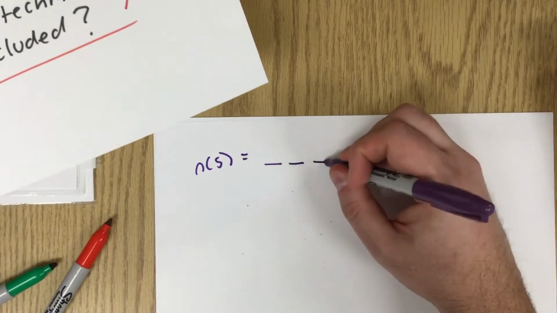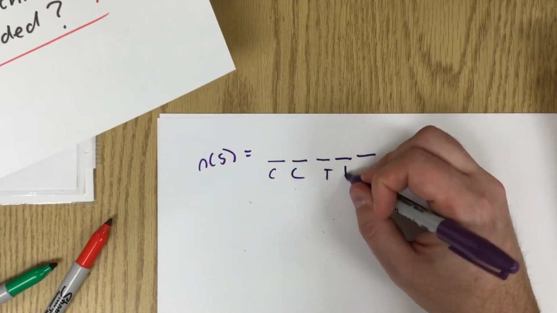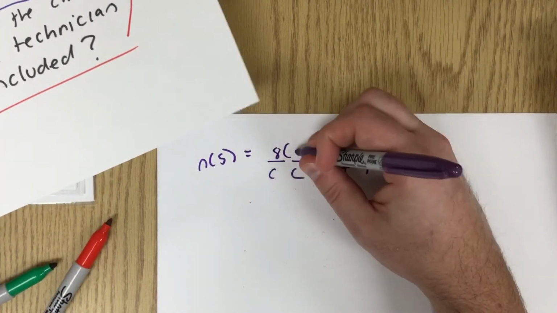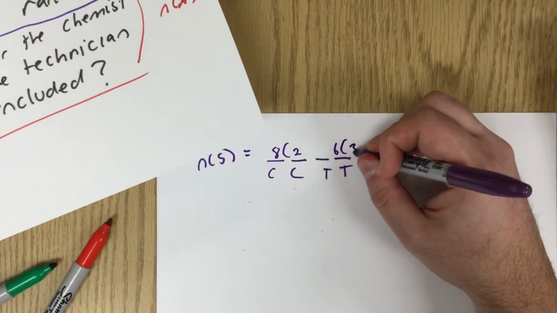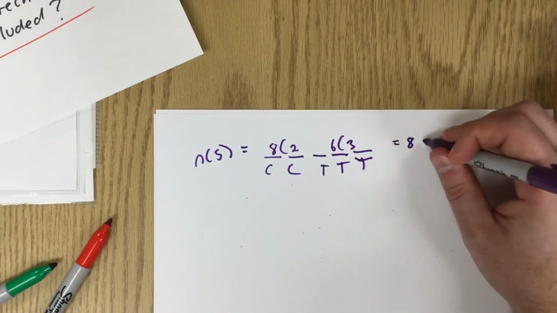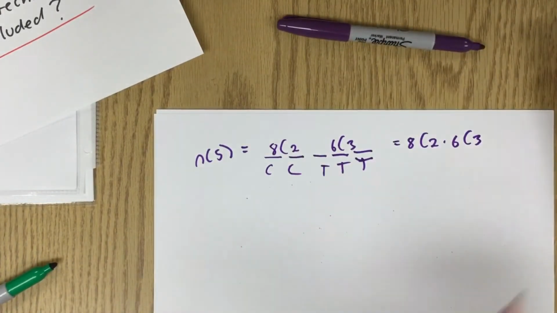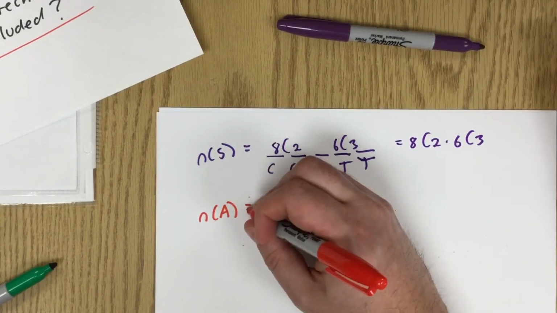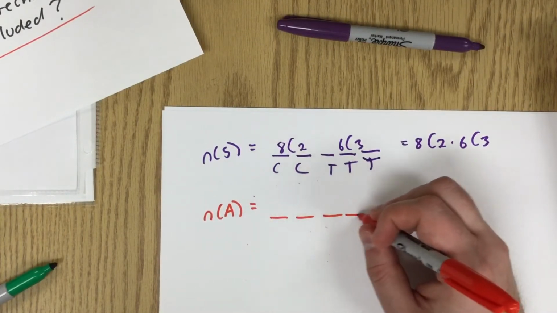So I need 2 chemists, 3 techs. There's 8 chemists, so it's going to be 8 choose 2 and 6 choose 3. And so my NS is just going to be 8 choose 2 times 6 choose 3. Now my NA, on the other hand, is going to look a little bit different.